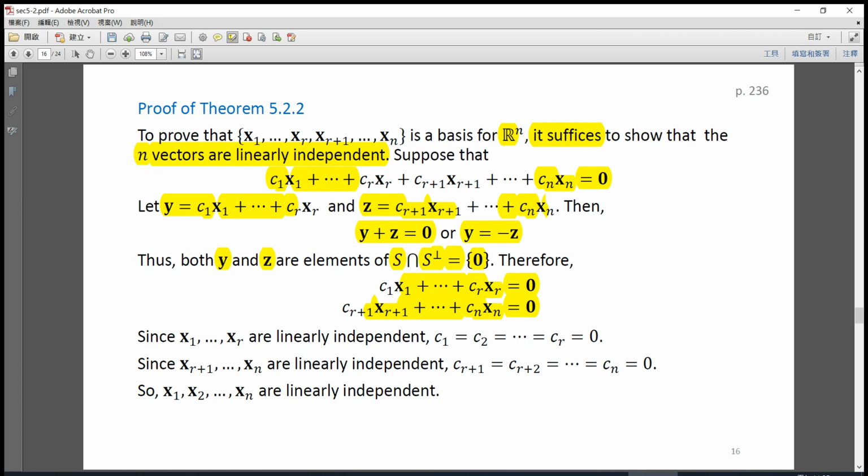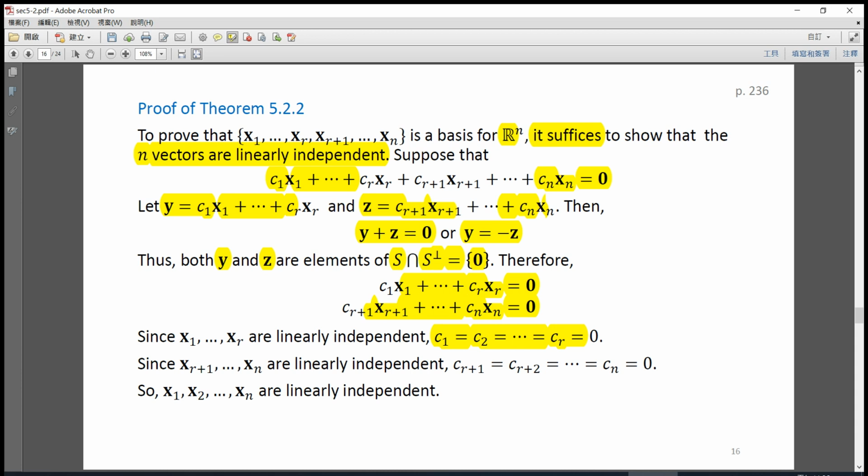And recall that because x1, x2 up to xr is a basis, x1, x2 up to xr are linearly independent, and therefore the first equality implies that c1, c2 up to cr all equal 0. Similarly, because x(r+1) up to xn is a basis, x(r+1) up to xn are linearly independent.